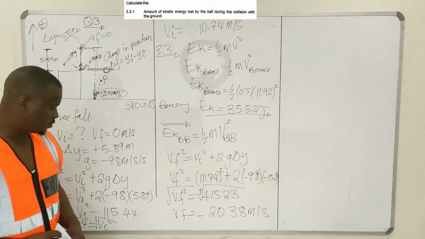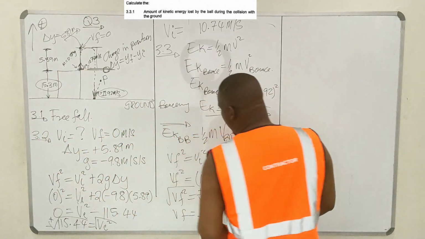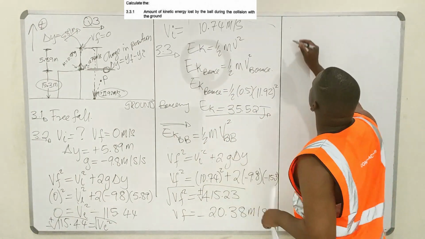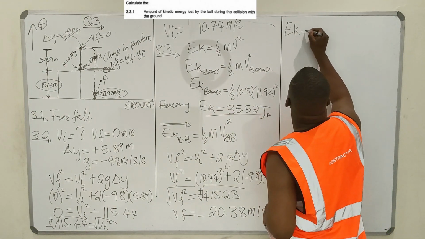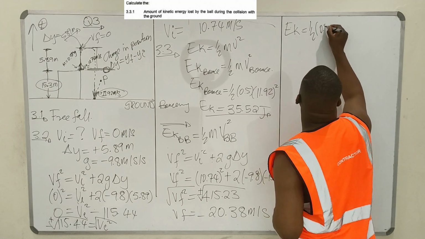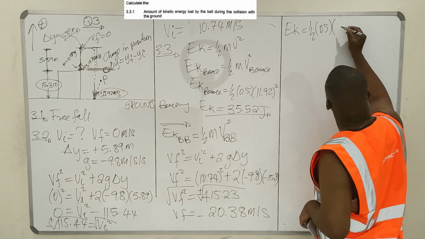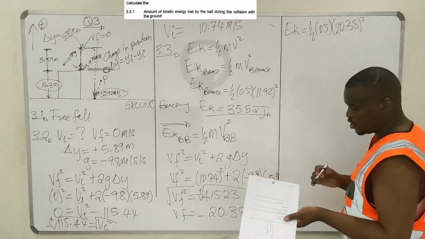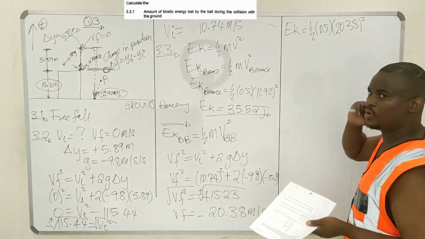No problem. So what we do next, we find our kinetic energy before bouncing, which is this kinetic energy. So you say your EK is equal to half m, which is 0.5, times V, 20.38 all squared. You can make it negative. It won't make any difference because it's squared anyway.